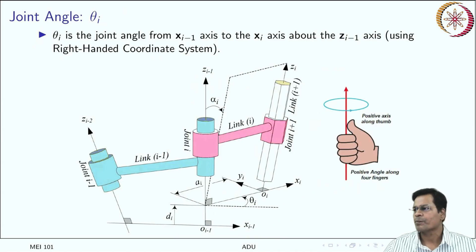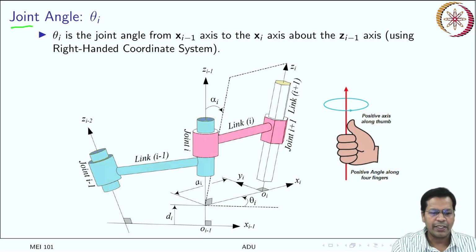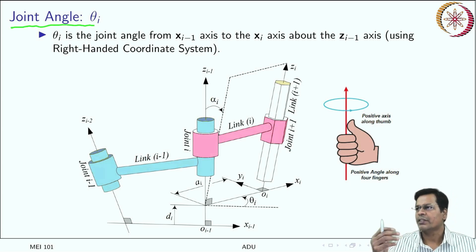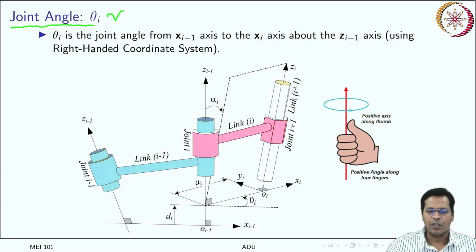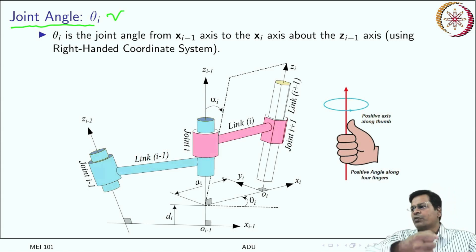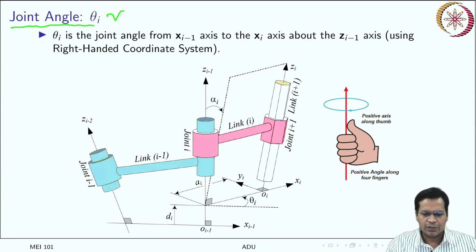Now the next important parameter is the joint angle. In the case of a revolute joint, this becomes the joint variable also. This may be a variable because both the links move relative to each other. So there is some angle between those two links, and this is the actual measure. Where it should be measured and how, we are coming to this.